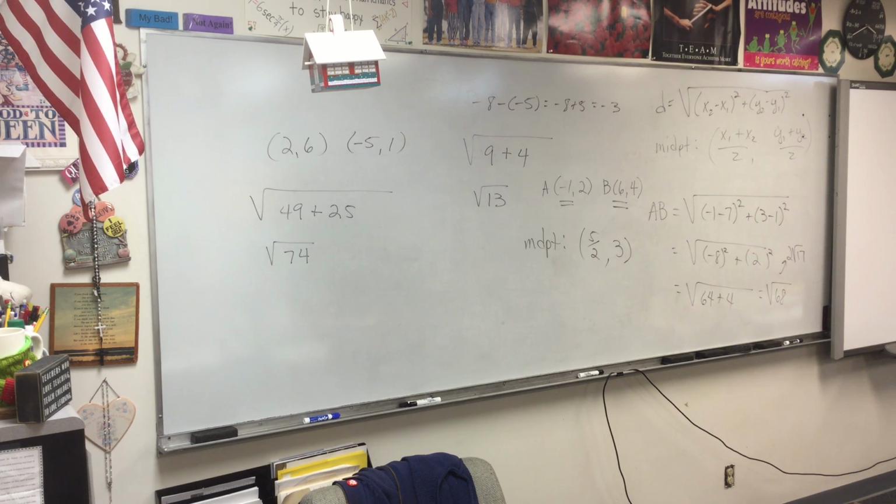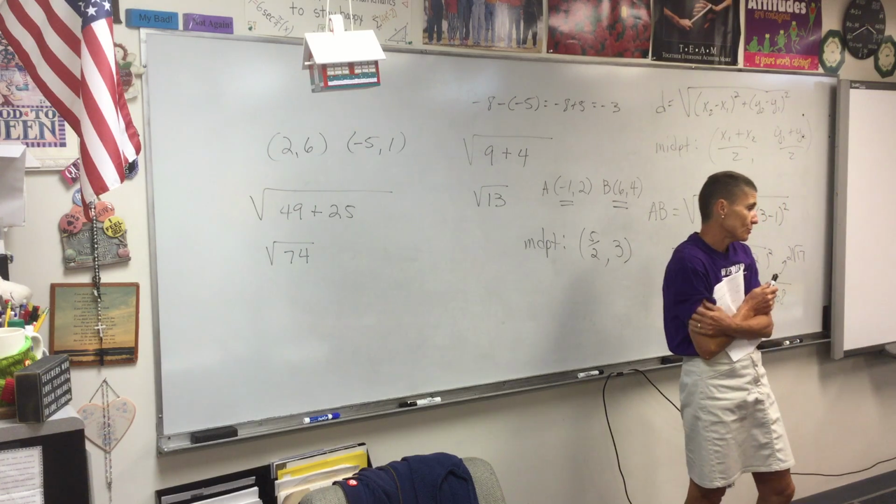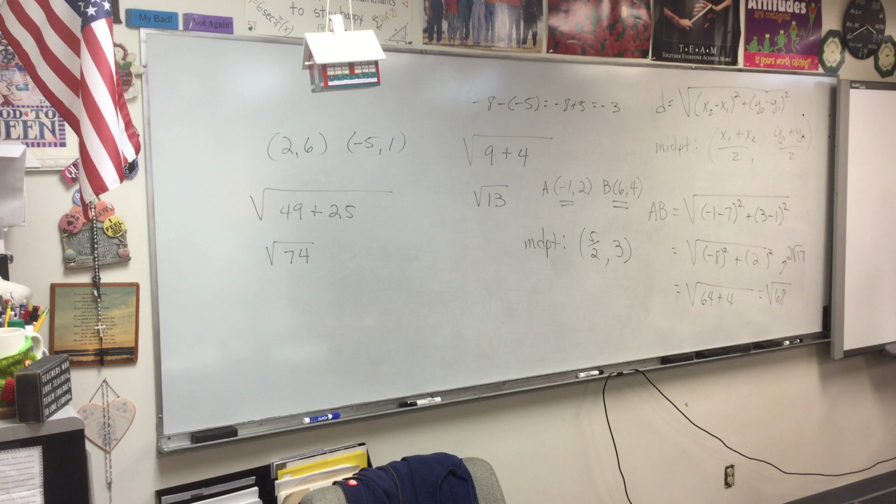Remember, you add them and divide by 2. Remember, you're going to add and divide by 2. So add your x's, add the 2 x values, and divide by 2. Add the 2 y values, and divide by 2.